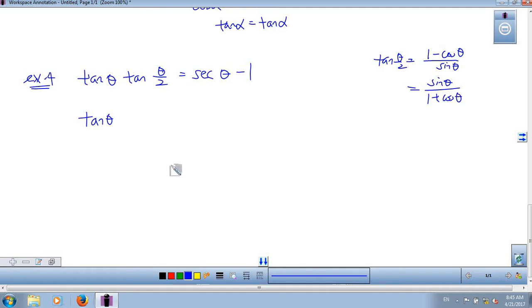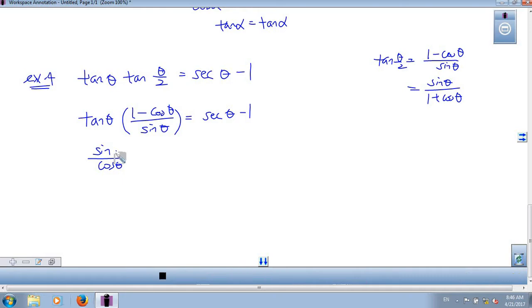I'm not sure which one we should use, but let's try. Let's just go ahead and use the first one. So let's write this as 1 minus cosine theta divided by sine theta. Let's use this one and see what happens. Supposedly it's going to be equal to secant theta minus 1. Now tangent theta is sine theta over cosine theta.